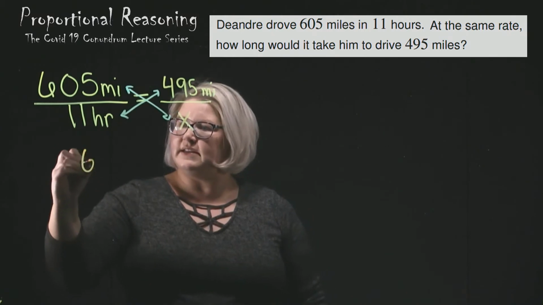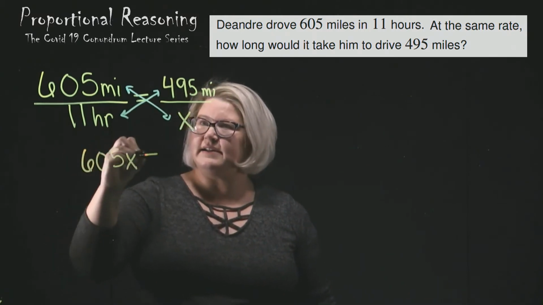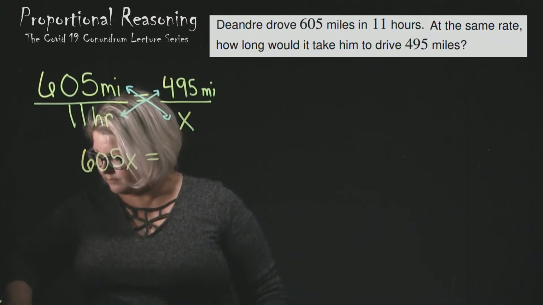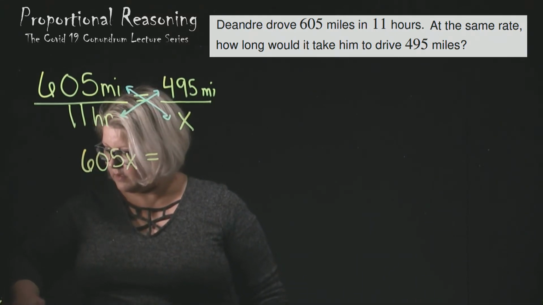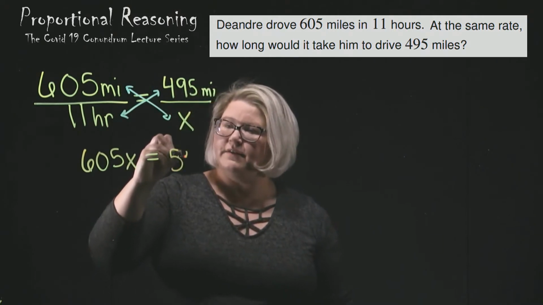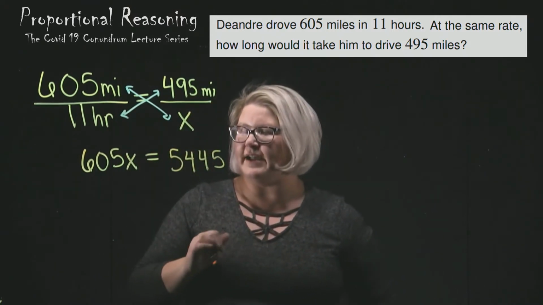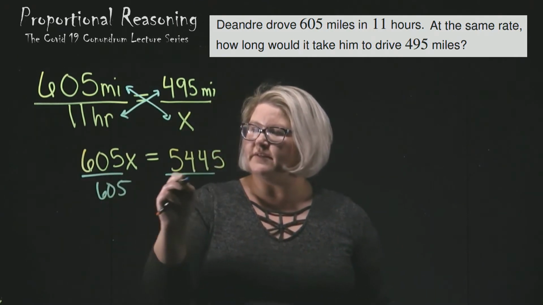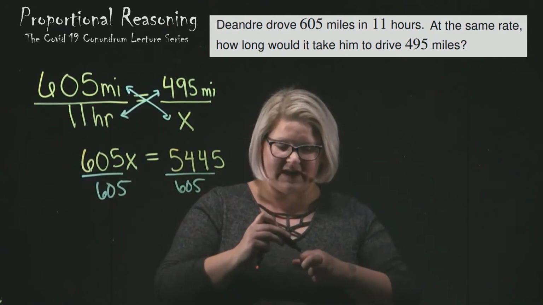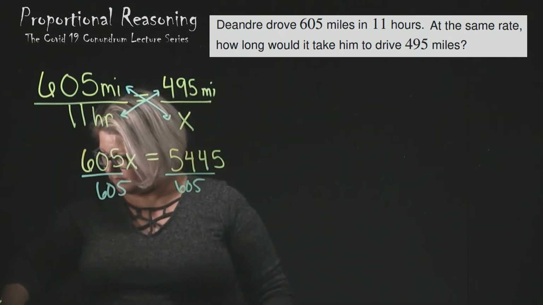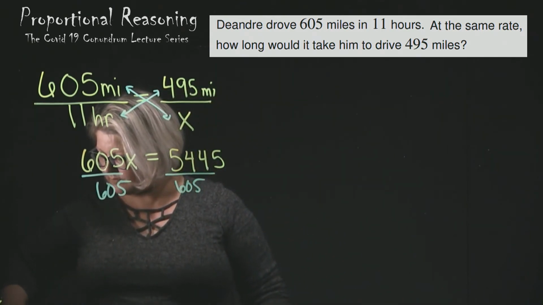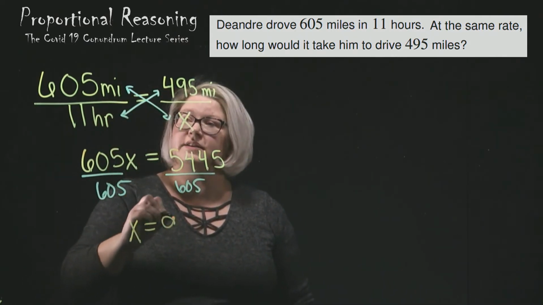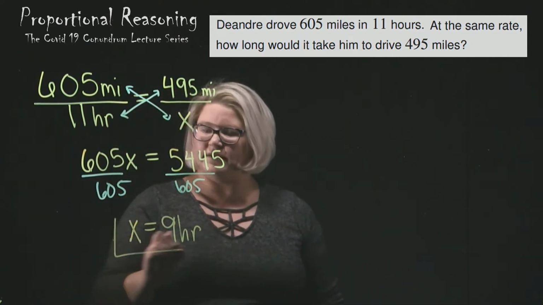I'm going to get 605 times x equals 5,445. I need to solve that for x. So I'm going to divide both sides by 605. And I end up with x equals 9 hours again.